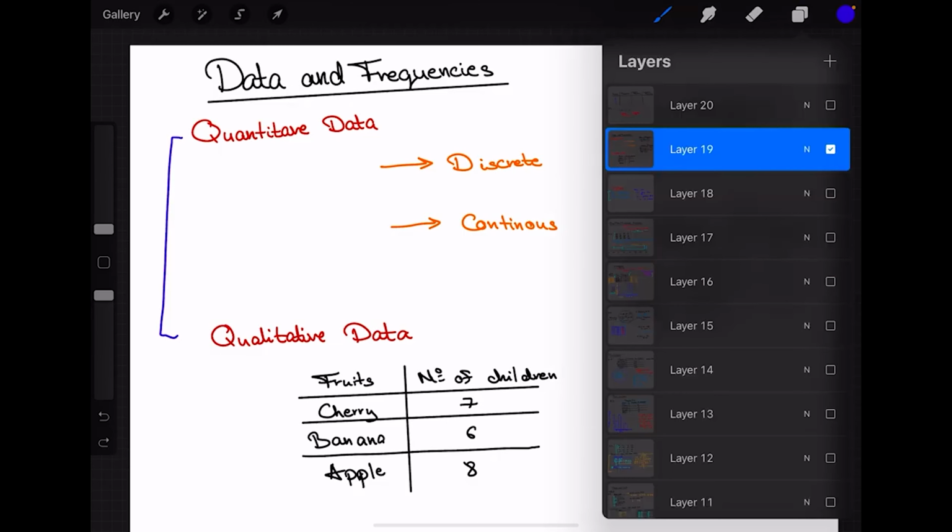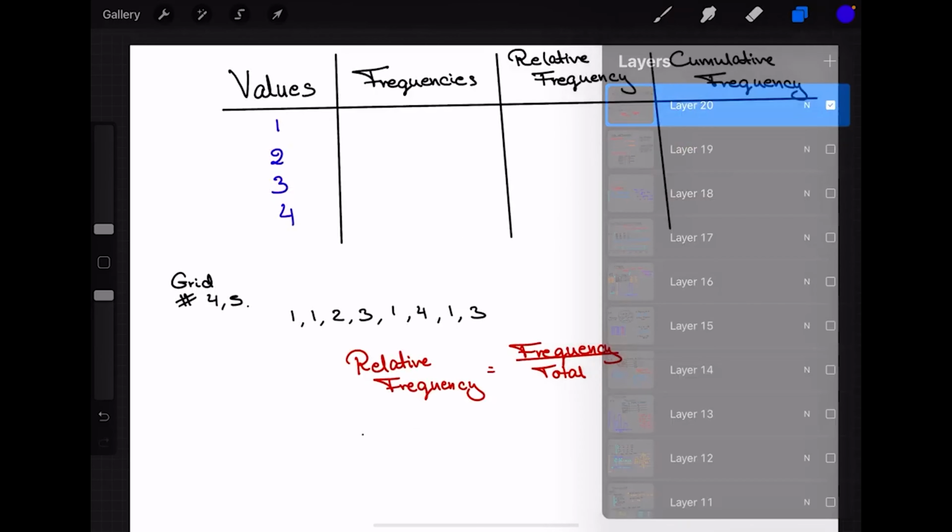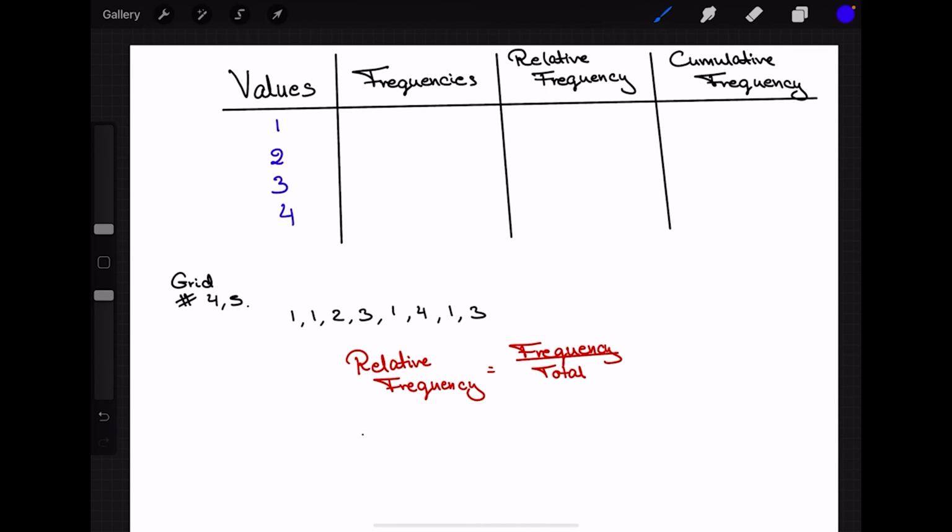Now we'll move on to specific frequencies and the different types of frequencies that we will encounter. We have values and frequency, relative frequency, as well as cumulative frequency. I'll go based off of grid question 4 and 5 in order to solve these, so you have a sort of exact idea.